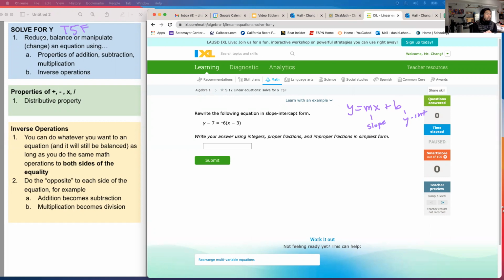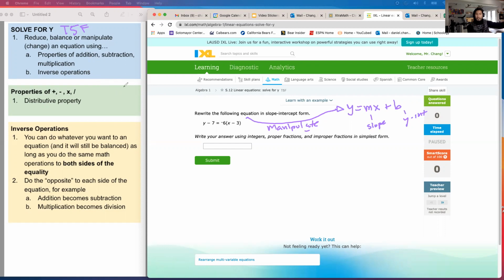We're basically reducing, balancing, or manipulating equations. So we're going to take this equation and get it into this different format. That is manipulating, changing, or transforming an equation. And you're going to use the properties of addition, subtraction, multiplication, and inverse operation to do that.